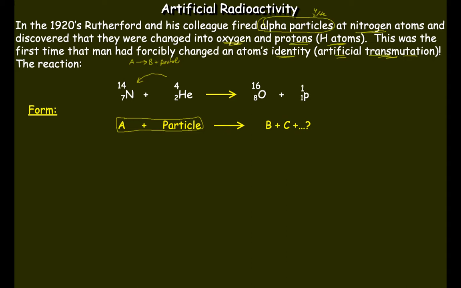Now, what you get as a result is going to be different, because you don't really know what you're going to get. Several things can happen when you crash 2 particles together. You could get a sticking together of the particles, or you can get a breakdown. As we move on, you'll see these can both be true: they can stick together and mush together and form something new, or you can actually break down that particle.